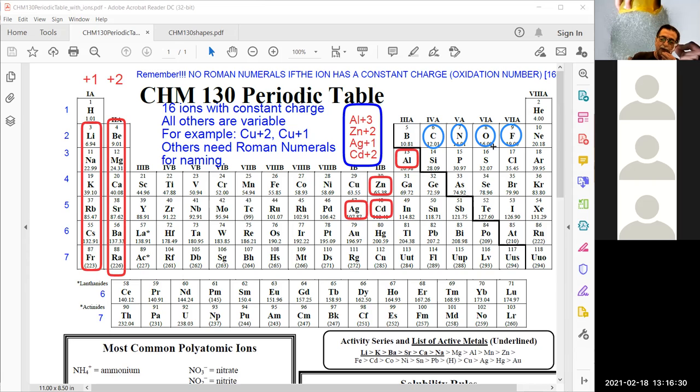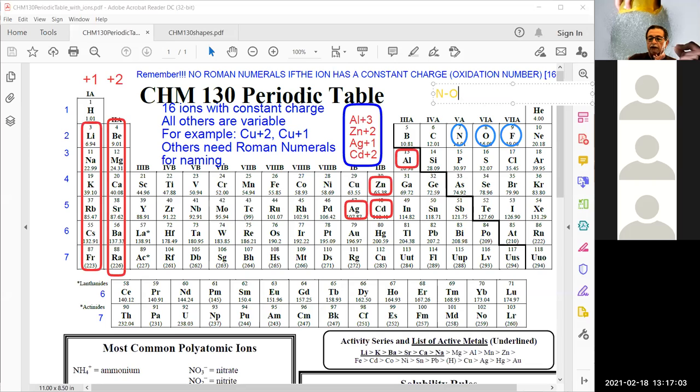What does that mean? Well, we're going to learn that if nitrogen and oxygen are bonded together, let me erase this one here real quick. If we were to make a bond between nitrogen and oxygen, and I got nitrogen there, and I got a hyphen, a line that represents a bond between nitrogen and oxygen.